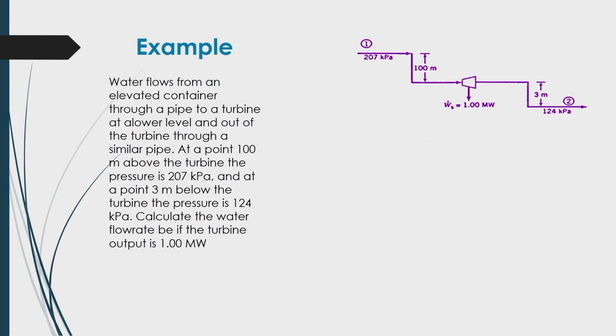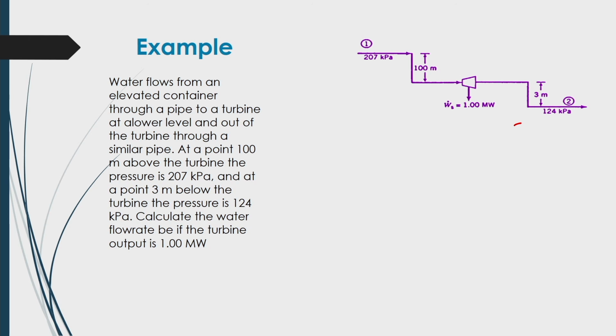Now, let us do another example. Water flows from an elevated container through a pipe to a turbine at a lower level, and out of the turbine through a similar pipe, as given in the picture in the slide.